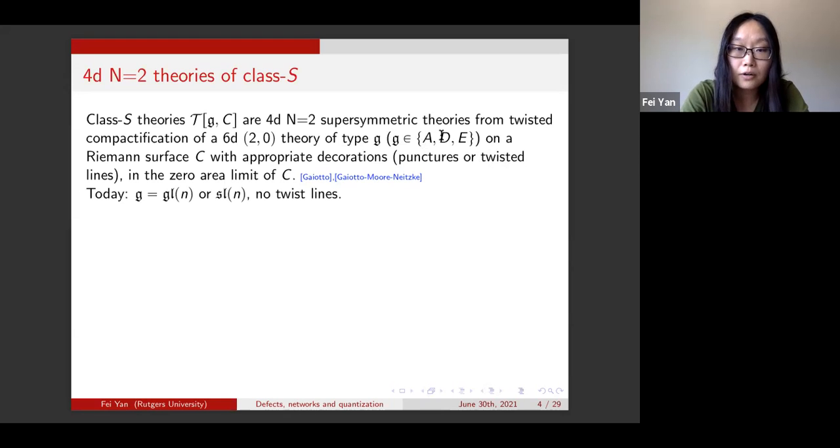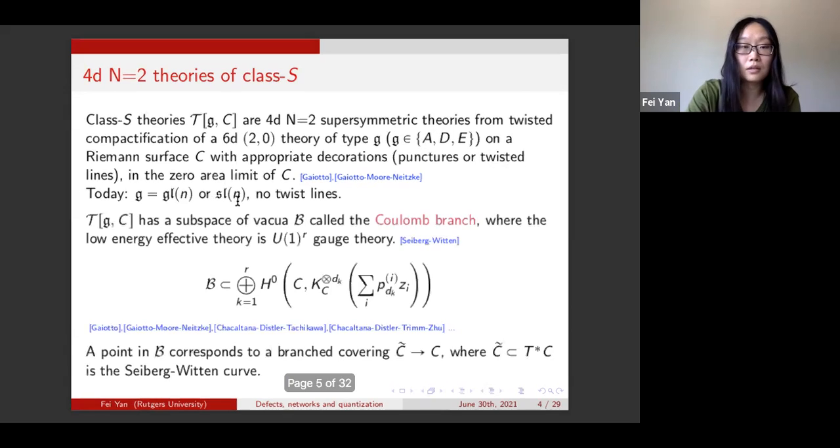If you take the zero area limit of C, then after compactification, you get a 4D N=2 class S theory. And today, I will be focusing on the situation where the 6D Lie algebra g is GL_N or SL_N, and I will not include twist lines.